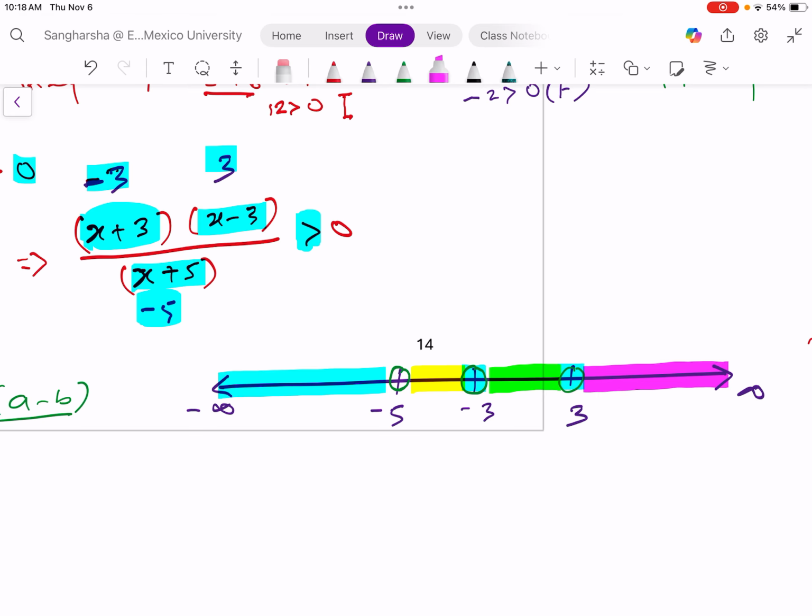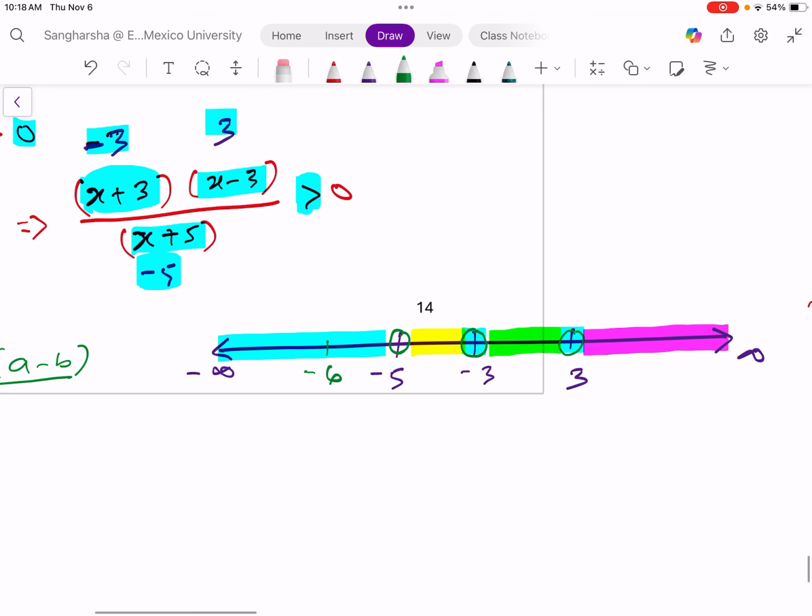From here let's pick -6. Is this a solution for our inequality? You replace every x by -6. So -6 plus 3 is -3, right? Times -6 minus 3, which is -9. -9 times -3 is positive 27.